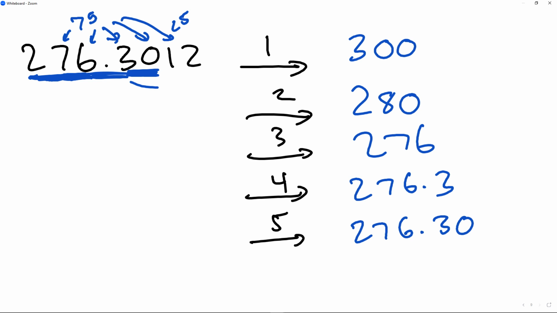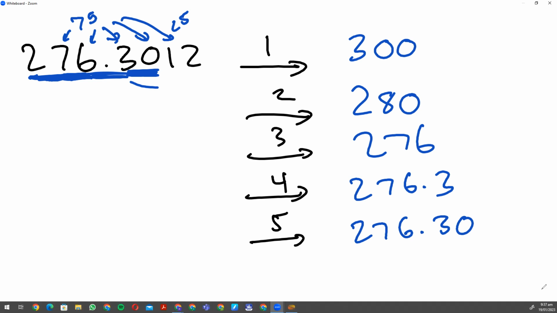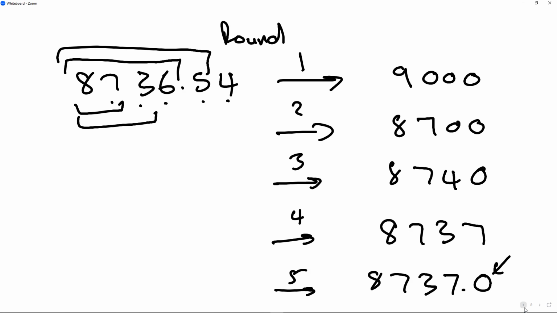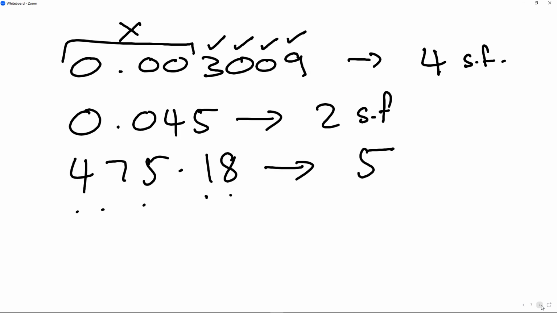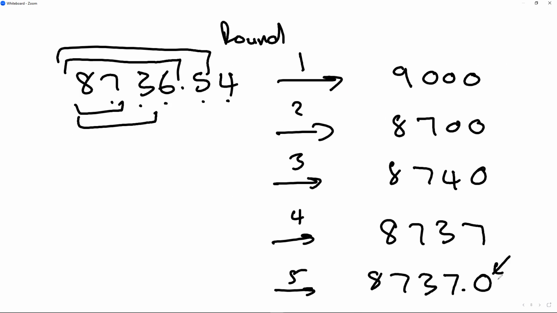So if we go back to our previous example, let's quickly double check that. When the 0 is at the end, it is significant. All right, it's only when the zeros are before that they're not significant, right? When it comes to decimals. So this one is after, so it'll be significant.